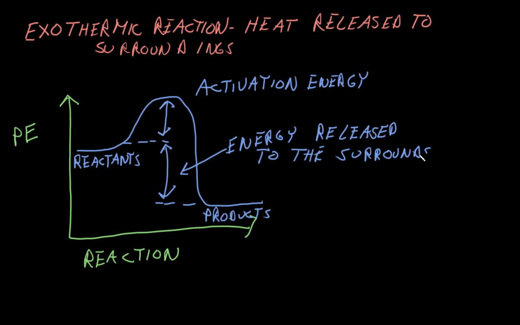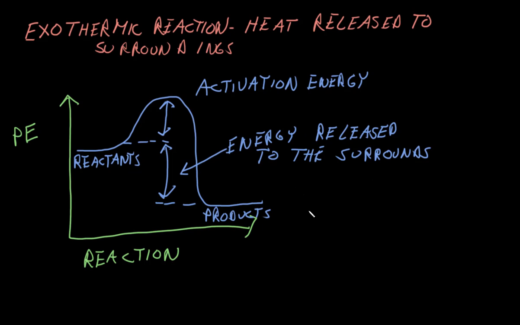They're going to feel warm to the touch, or sometimes they'll even feel hot to the touch. So exothermic, energy is released. This is the activation energy from the reactants to the top of the curve, and then from the reactants to the products is the energy released to the surroundings.